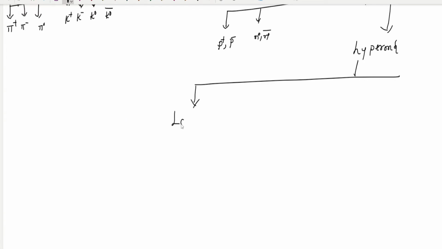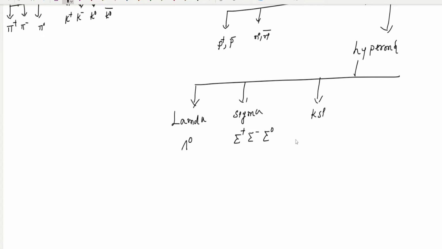First one is lambda hyperon, denoted by this symbol. Then sigma hyperon. The sigma is like that. Just remember these letters and their signs, and antiparticles.